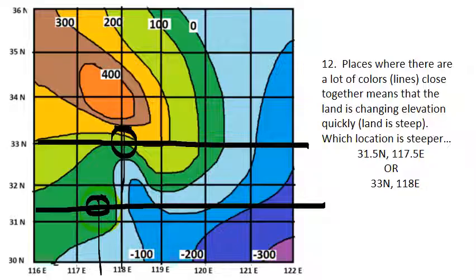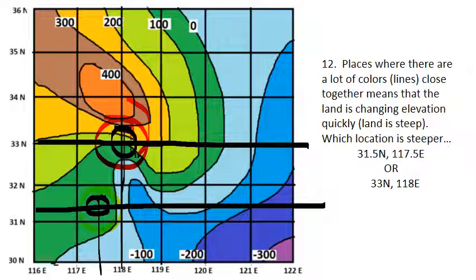This point here is all solid green, and there's no other color even close by. It's pretty much just solid green. So that means that all the land is in that same elevation range and it's not changing very much. At this point right here, you can see we go from red to brown to orange to light green to dark green in a very short period.